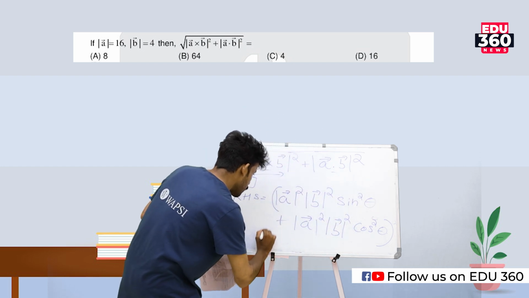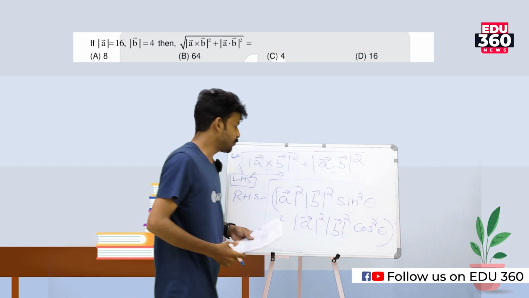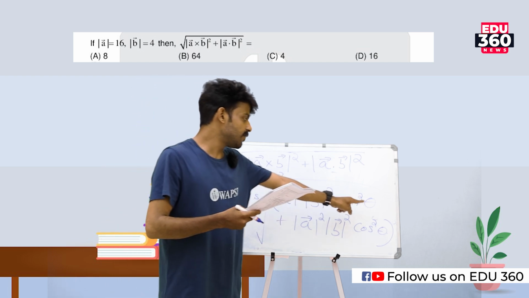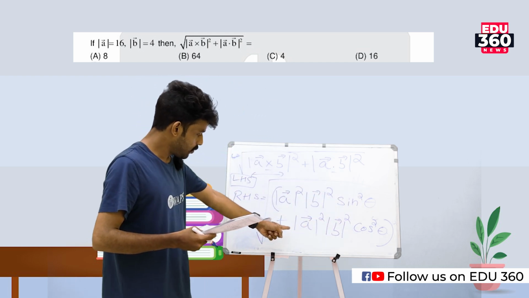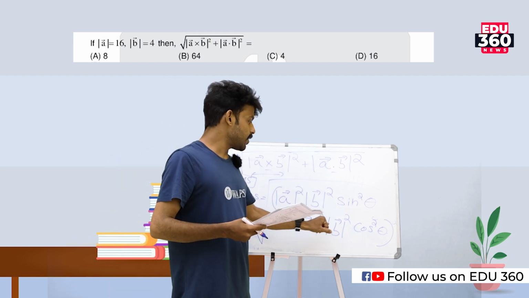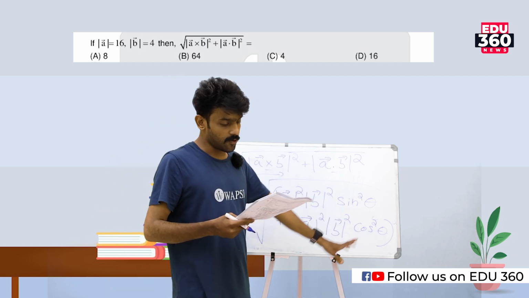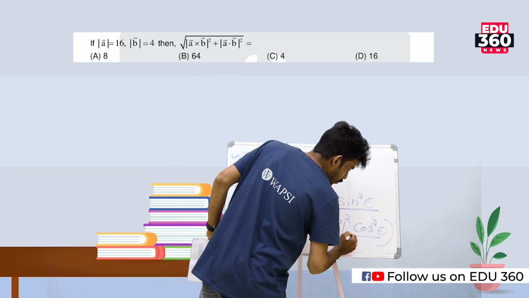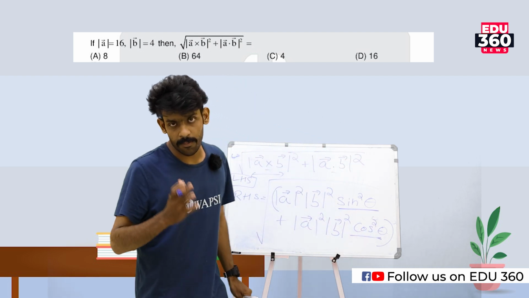So, the square root of modulus of A vector the whole square into modulus of B vector the whole square sine square theta plus modulus of A vector the whole square into modulus of B vector the whole square cos square theta. Now look here at sine square theta plus cos square theta.